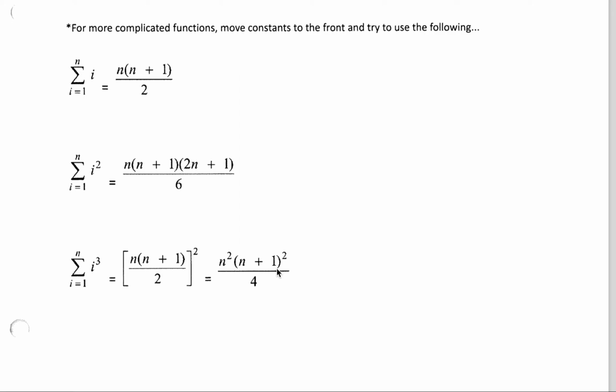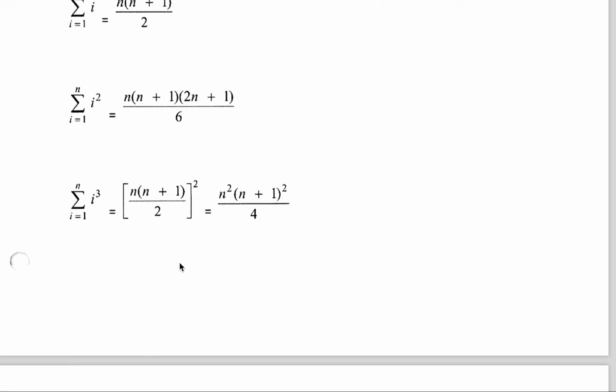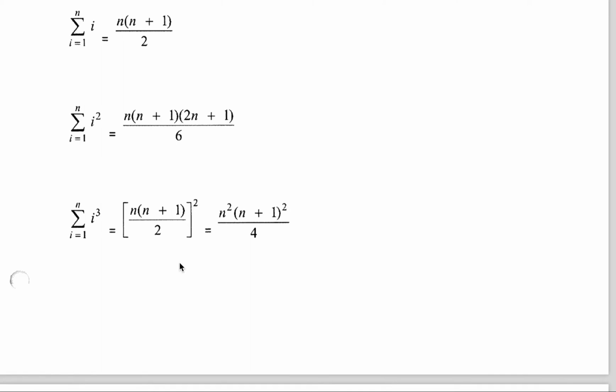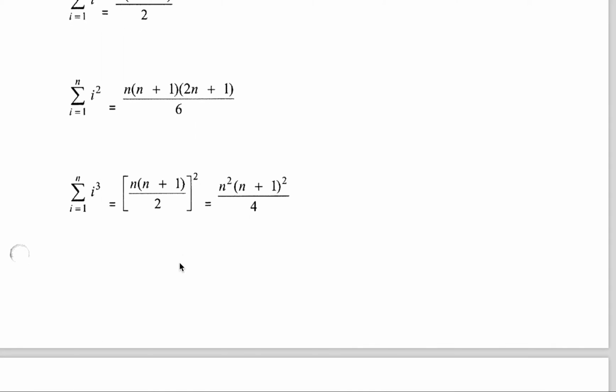Either way it works. The reason why we only need these basic linear, square, and cubic functions is all other higher degrees could get broken down into these basic forms. So for example, i to the 5th could be i squared times i cubed, and you can just use those two forms to do it. We're not going to see anything that complicated in this video, but you're welcome to try it out.